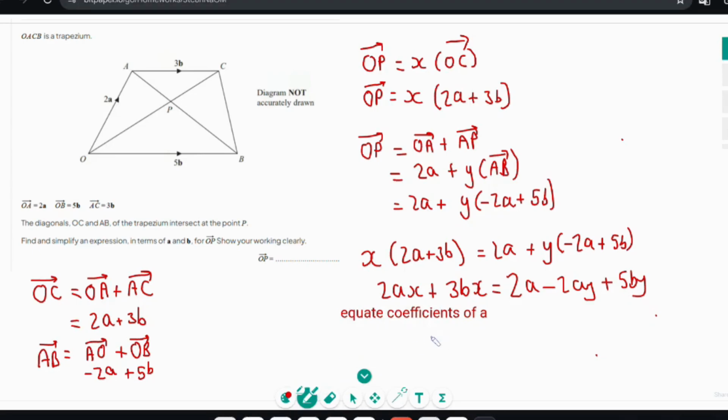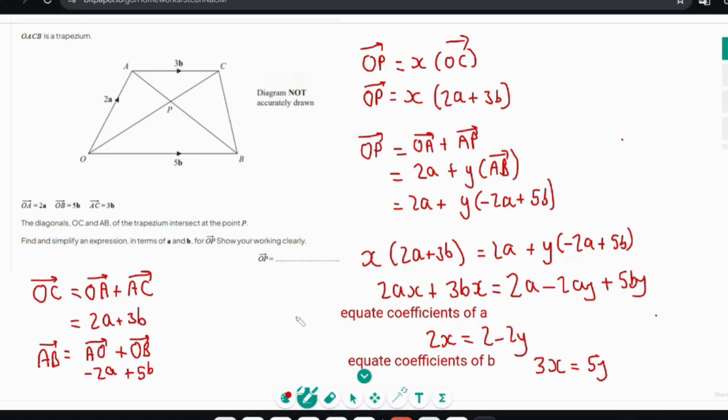On the left-hand side, what is with the a? 2x. On the right-hand side, 2 minus 2y. I'm also going to equate coefficients of b. So we have 3x on the left-hand side, 5y on the right-hand side.